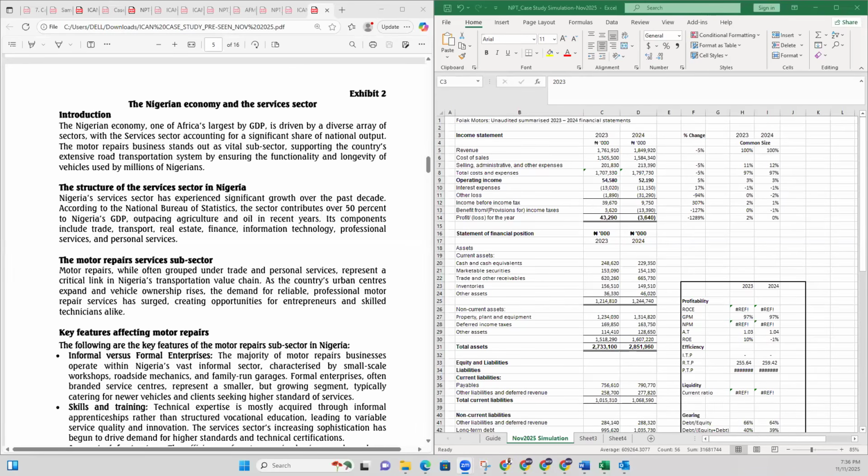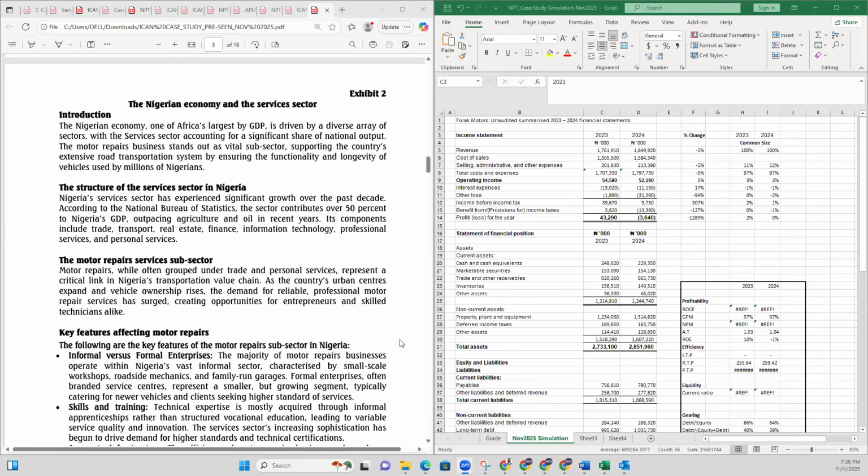The structure of the services sector in Nigeria. The Nigerian services sector has experienced significant growth over the past decades. According to the National Bureau of Statistics, the sector contributes over 50% to Nigeria's GDP, outpacing agriculture and oil in recent years. Its components include trade, transport, real estate, finance, information technology, professional services, and personal services.